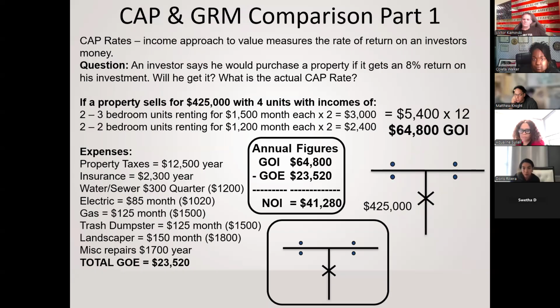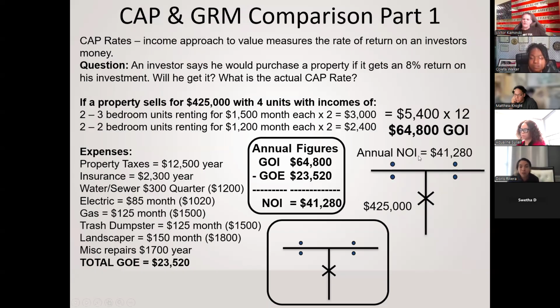We got one number here. Where does the other number go? The net goes on top. Okay, 41,280 divided by 425 is going to be 9.71%.